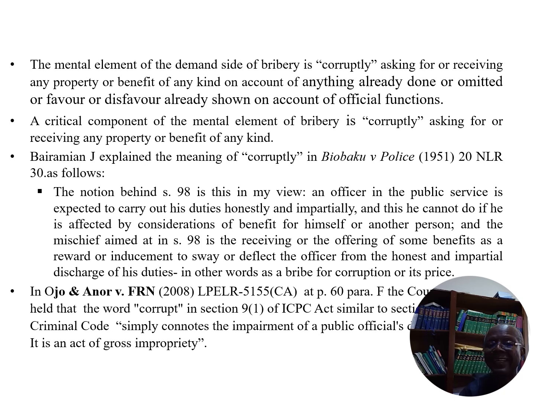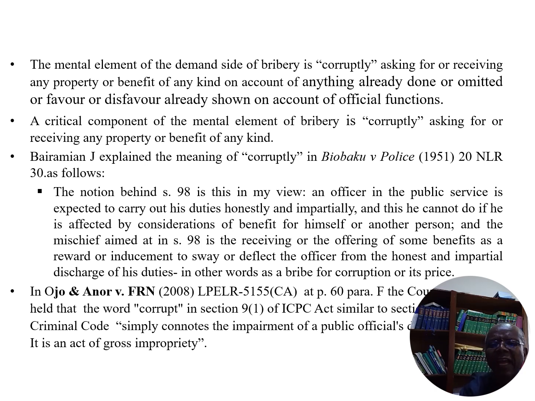And again, you will see as we go on that there is a presumption of corrupt receipt where a public officer receives a property or benefit of any kind in the course of his official transaction. The law presumes that he received them corruptly. So there is a presumption of corrupt receipt.